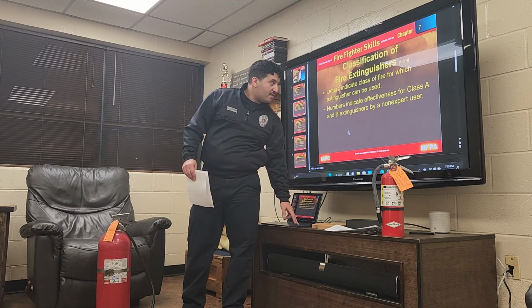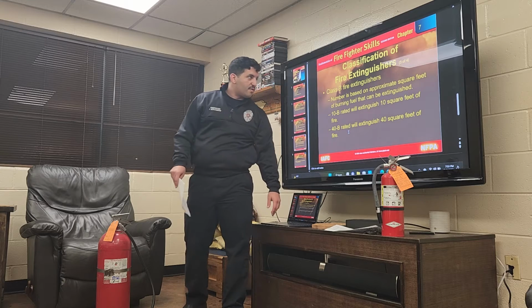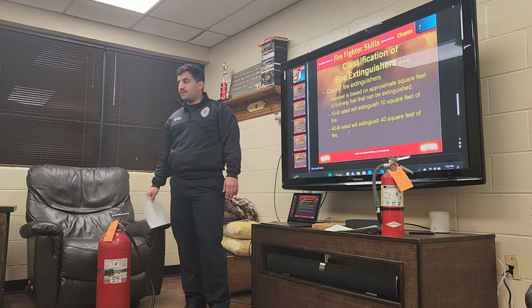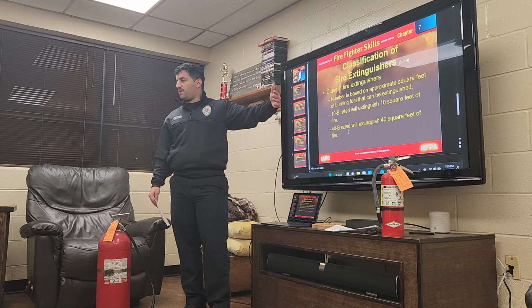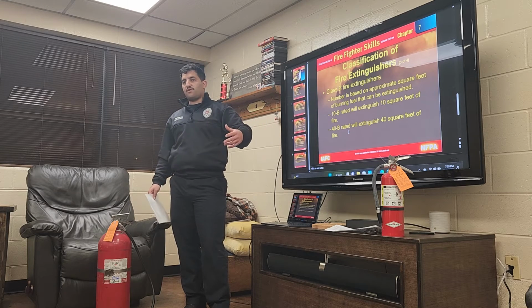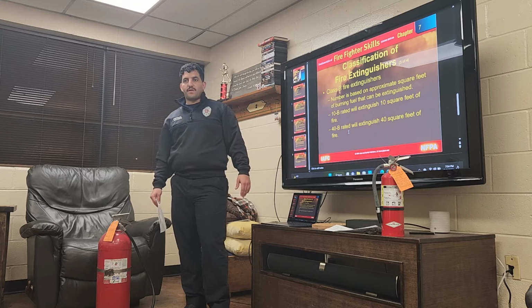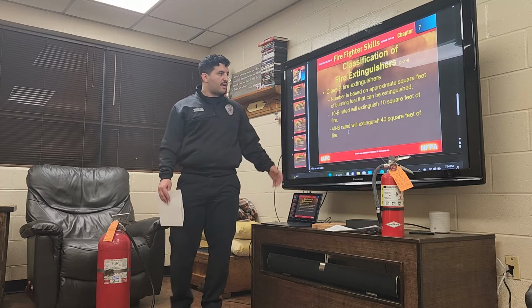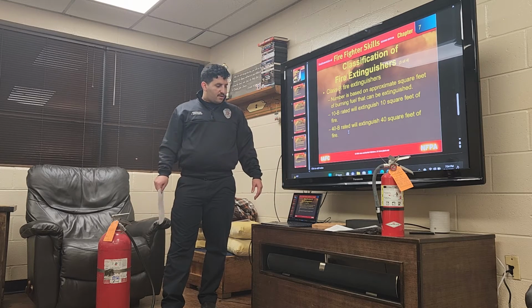So moving on to the Class B numbering system. If it's got the number before the B, that's going to tell you how many square feet the contents could put out. But what are Class B extinguishers for? Class B is for flammable liquids.